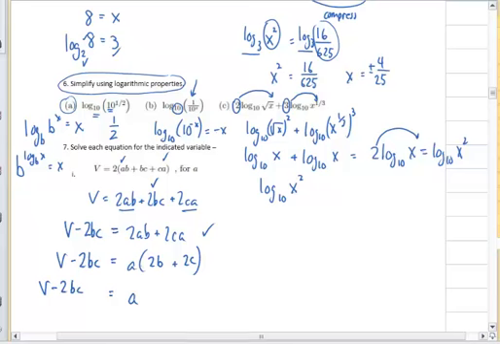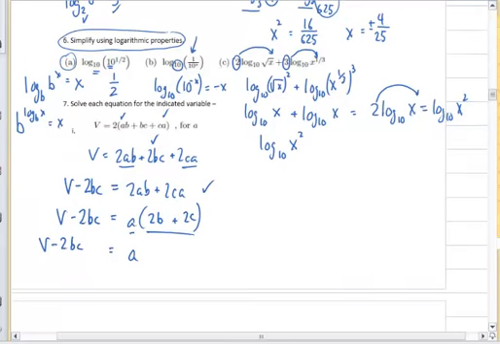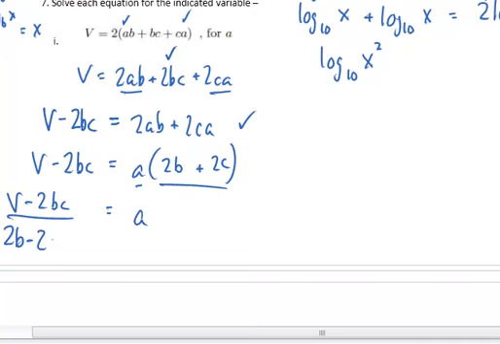This is multiplication here, that times that. So what I'm going to do is divide out that term, and I'm going to have the volume minus 2bc over 2b minus 2c. And that would be my final equation solving for a.